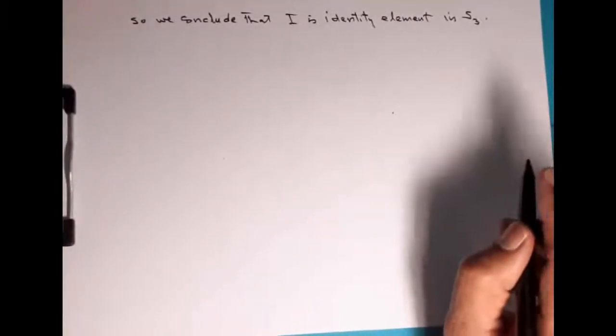Let me remark that the binary operation in S3 is composition of permutations. So under this binary operation, the identity permutation plays the role of the identity element. The identity composed with any permutation results in the same permutation.